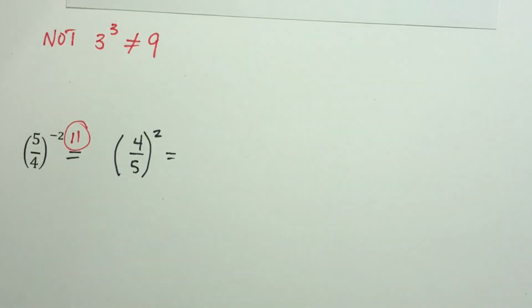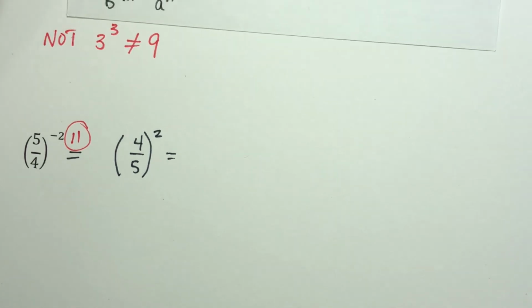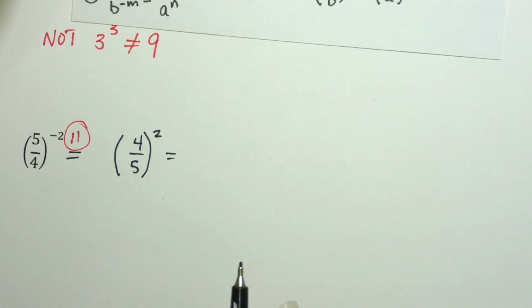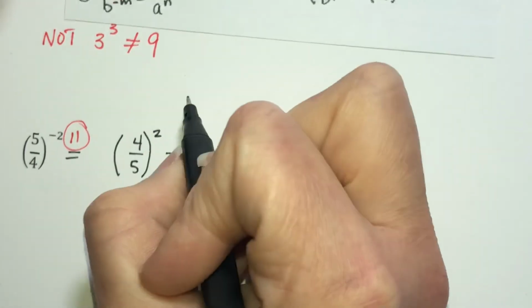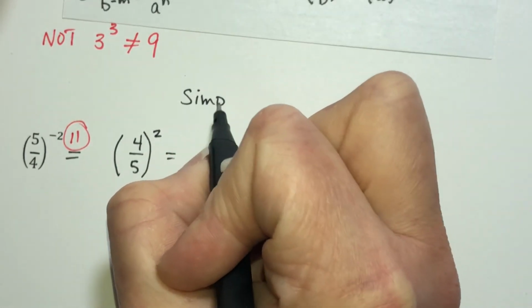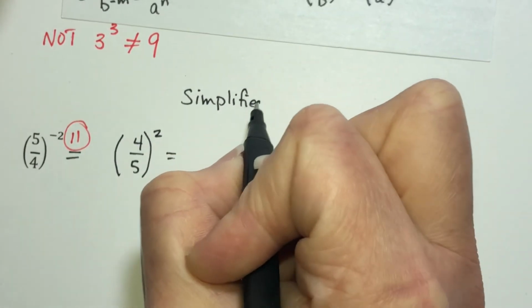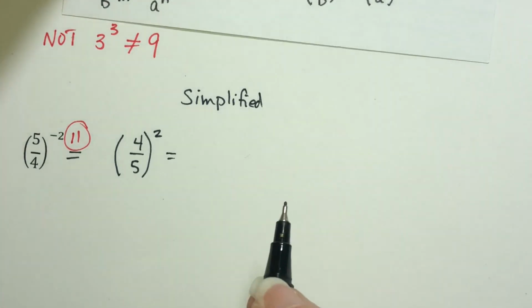Okay, now I still need to simplify this. To be simplified in general, I should write this down, because that's going to be what you're being asked to do. You're going to simplify these.